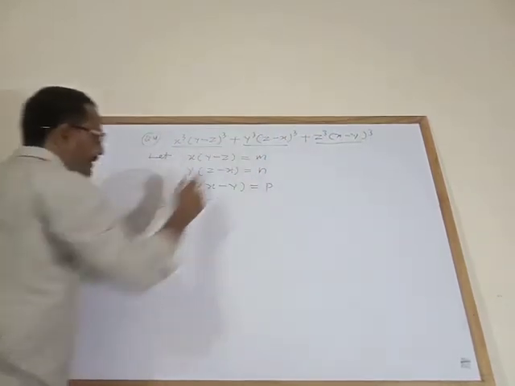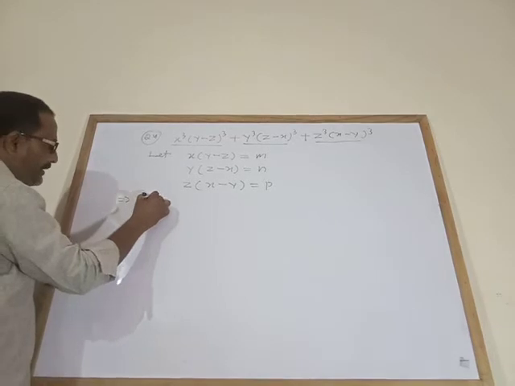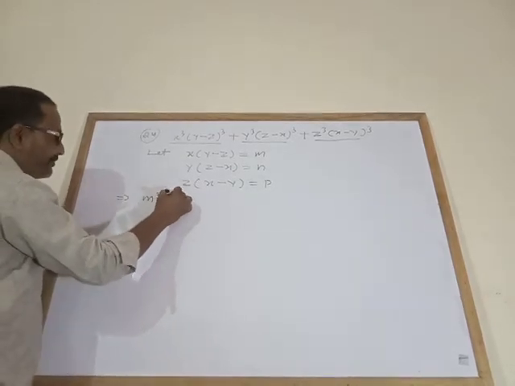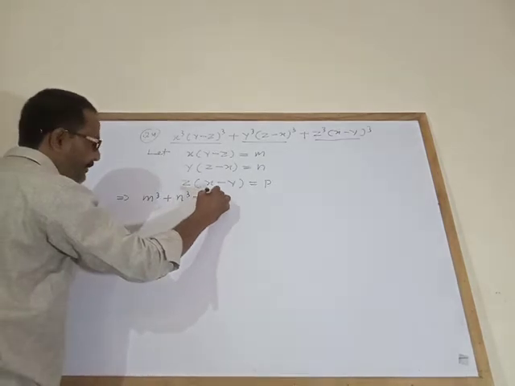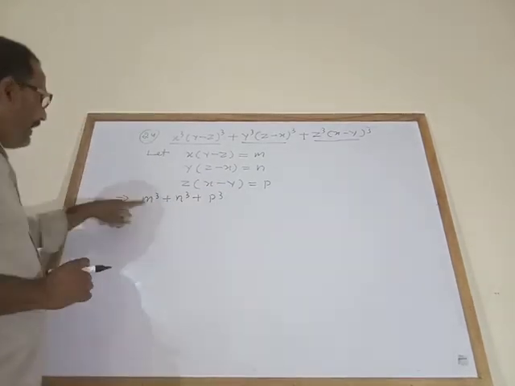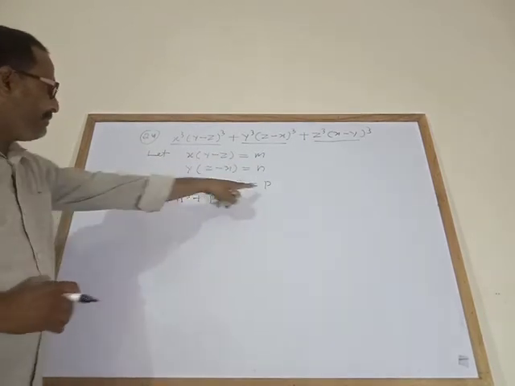Now your question is in the form of m³ + n³ + p³. See, this is the m value, this is the n value, this is the p value.